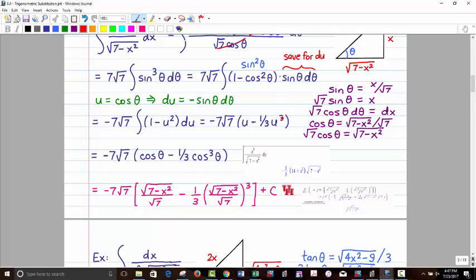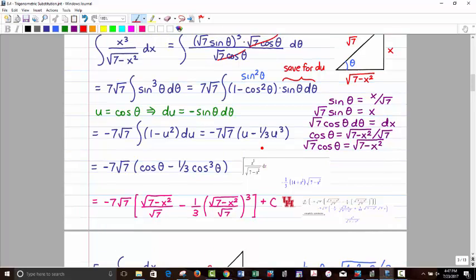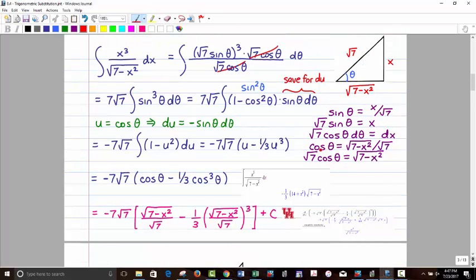Not that difficult, but u is cosine, so I put cosine right there. 1/3 cosine cubed. So we go to the triangle, or we also have it written right here for cosine, but cosine is the square root of 7 minus x squared over square root of 7, minus 1/3 square root of 7 minus x squared over the square root of 7 cubed.